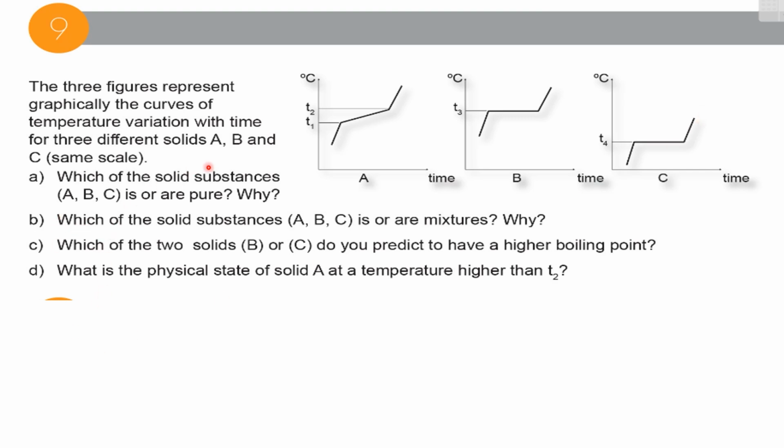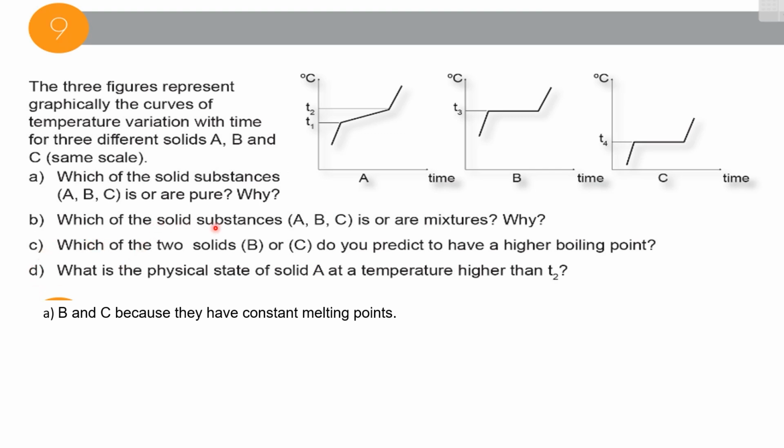So which of the solid substances is or are pure? Substance B and C, or solid B and C, because they have constant melting point. Here we have a constant melting point, which is T3 in curve B and T4 in curve C.